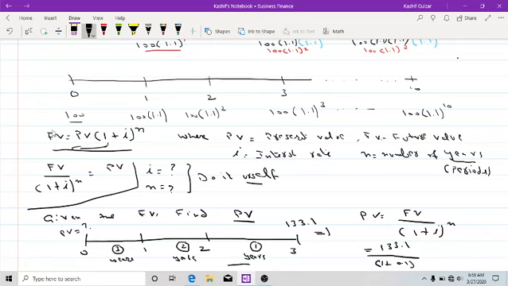So you have to go backward. Count backward.